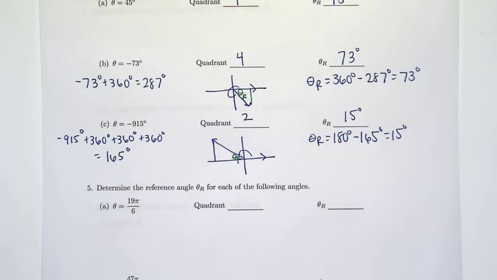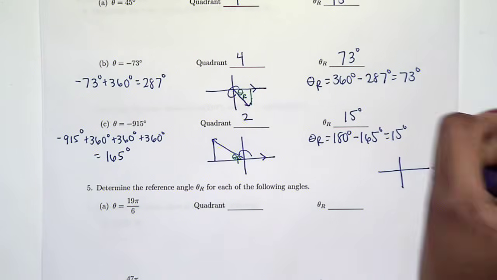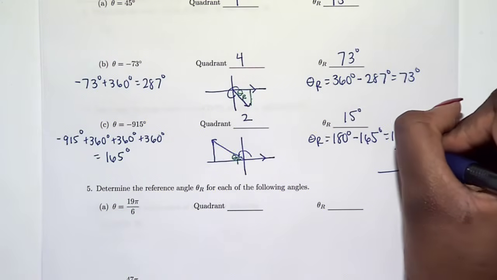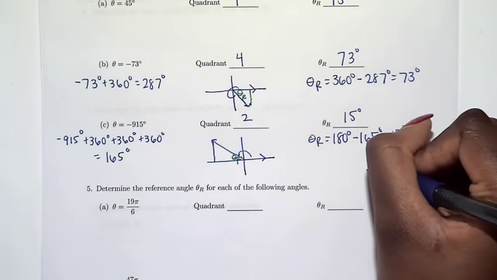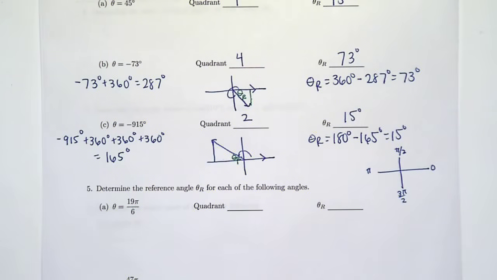Something that I like to think about when I have radians is rewriting things. For example, 0, pi over 2, pi, 3 pi over 2. I can write this as multiples of pi.